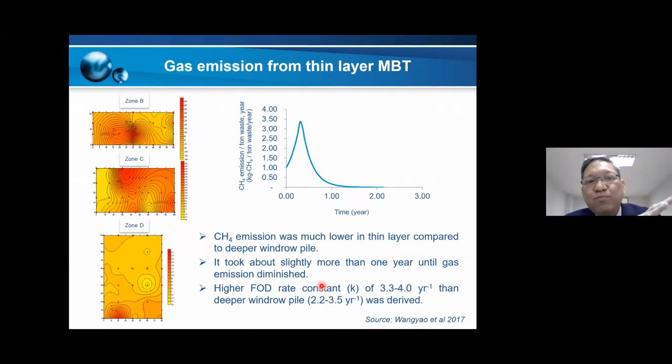The pattern is more or less similar in terms of stabilization, but because we have the layer, the waste stabilization took place much faster than in the windrow pile. In that case, we found much lower gas emission, and the degradation rate is slightly faster because of the more aerobic condition developed in this windrow.